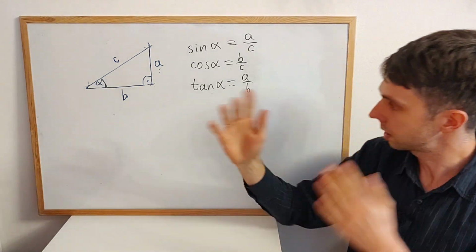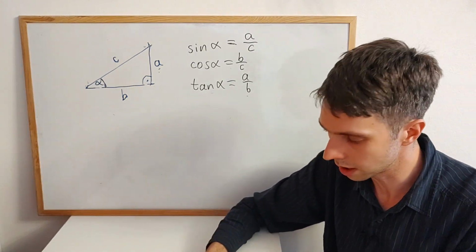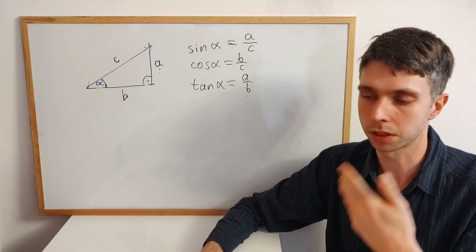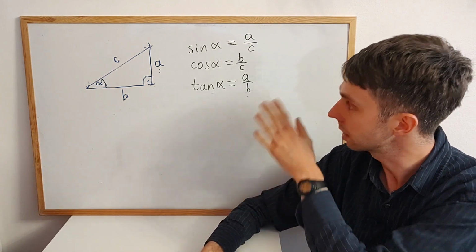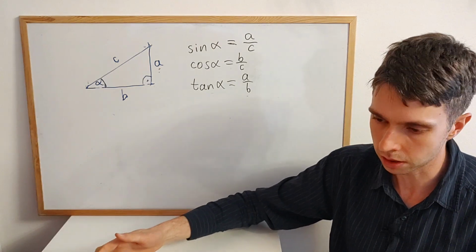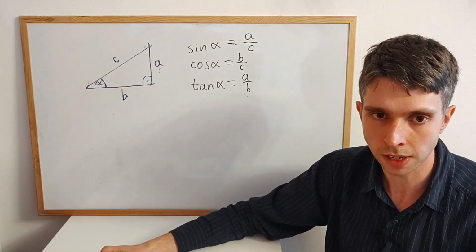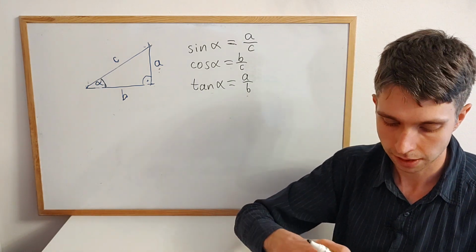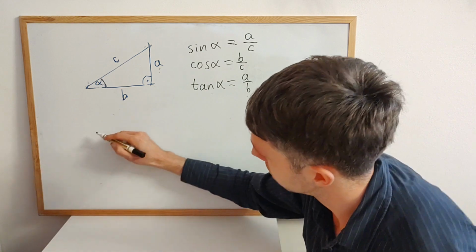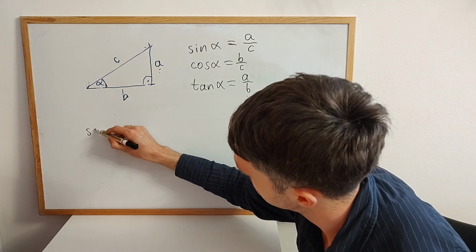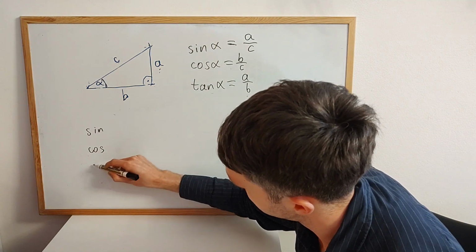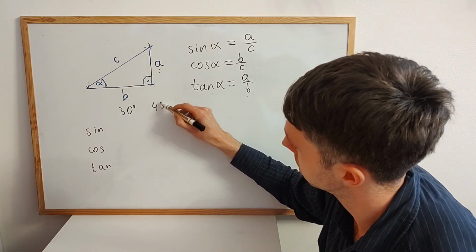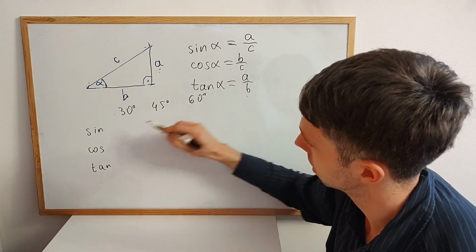So from these calculations you see that for the special angles like 30, 45 or 60 degrees, the sine, cosine and tangent have pretty simple values, which can be summarized in the helpful form of a table. So sine, cosine, tangent, and 30 degrees, 45 degrees, 60 degrees.